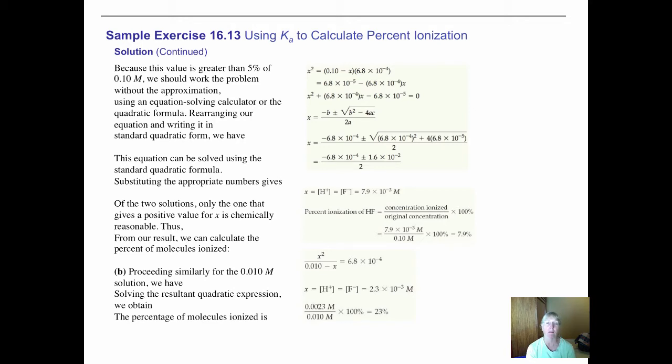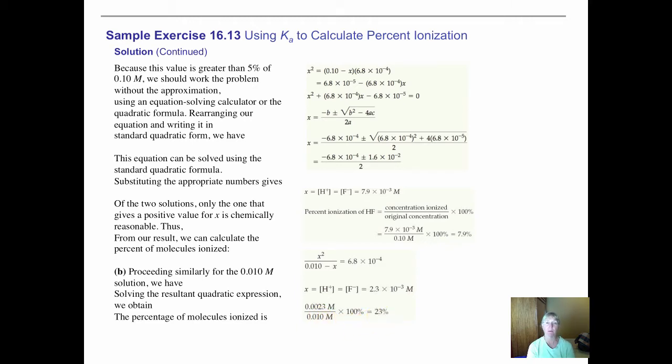Using the quadratic program in your calculator, you would find that X, the concentration of hydrogen, is much larger, 2.3 times 10 to the negative 3. And when you turn that into a percent ionization, that would be 0.0023, or 2.3 times 10 to the minus 3, divided by the original 0.01, now we get a 23% ionization.